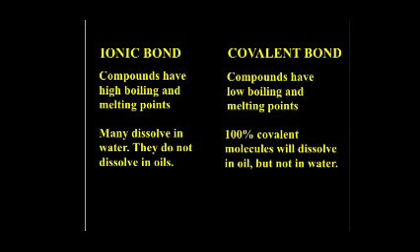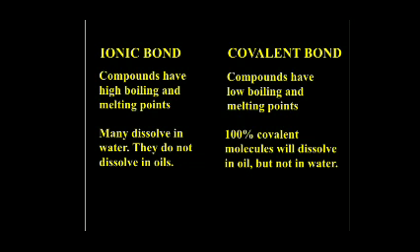Ionic compounds are non-conductors in solid state but conductors in aqueous solution or molten state. Covalent compounds are non-conductors of electricity due to absence of free ions. Ionic bond is non-directional and does not show isomerism. Covalent bond is directional and compounds show isomerism.